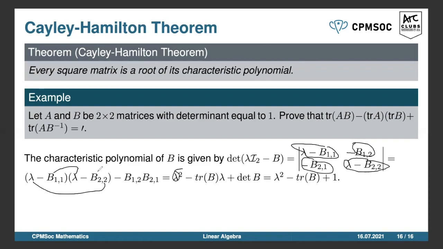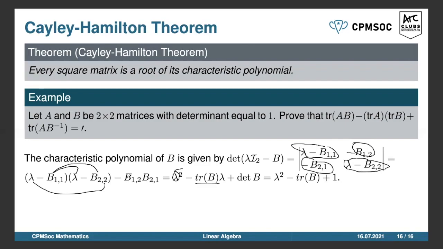And B11 plus B22 is the first entry of the B matrix, and the fourth entry of the B matrix, which is just the sum of the diagonals, which is the trace of B. And also, we're going to have B11 times B22.